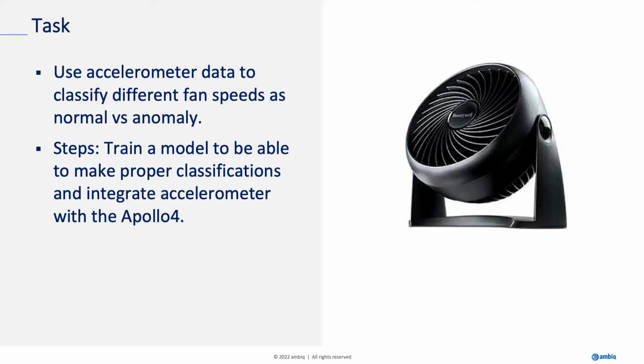Most fans have different speed settings with low, medium, high. So I considered the lowest speed of the fan as normal and everything else as an anomaly. The steps that I took were to train a model to be able to make the proper classifications, and then to integrate the accelerometer with the Apollo 4 in order to test my model on live data.